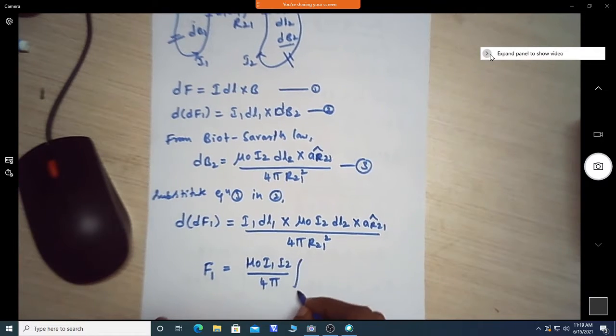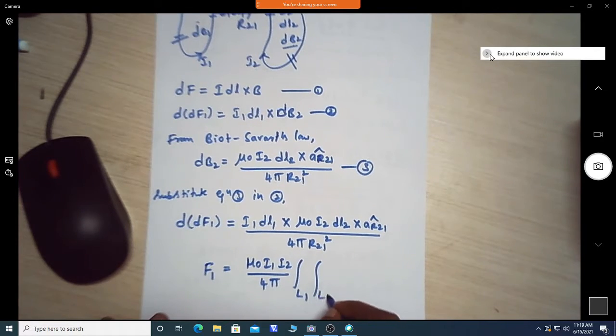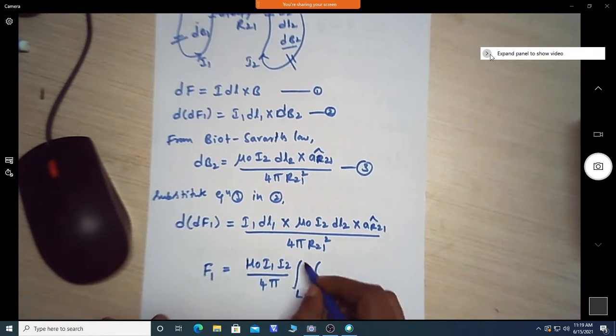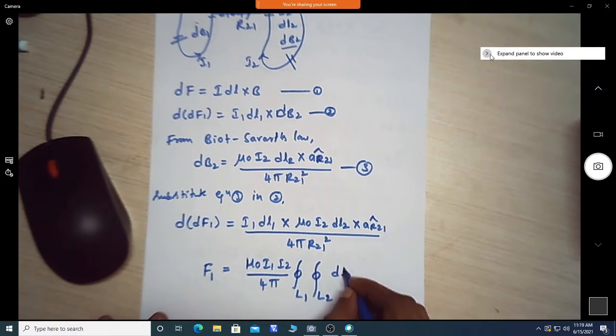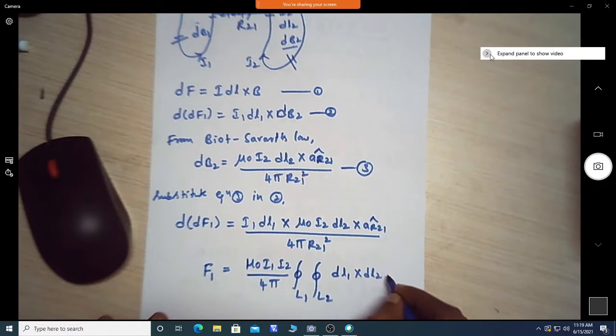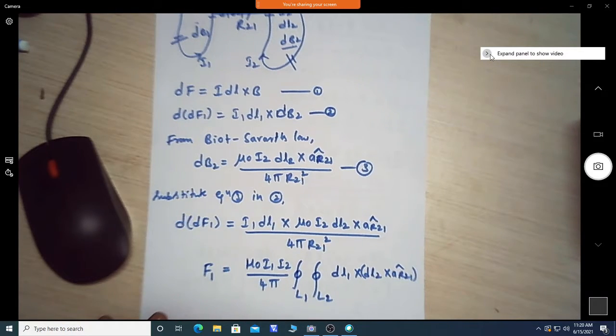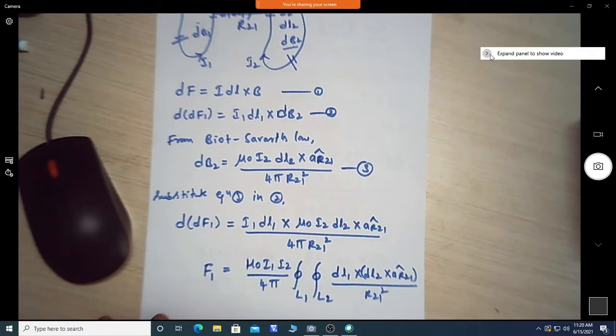We can write this as the closed integral over loop 1 and loop 2 of dl1 cross dl2 cross aR21, divided by R21 square. This is the equation for the force exerted on loop 1 due to current loop 2.